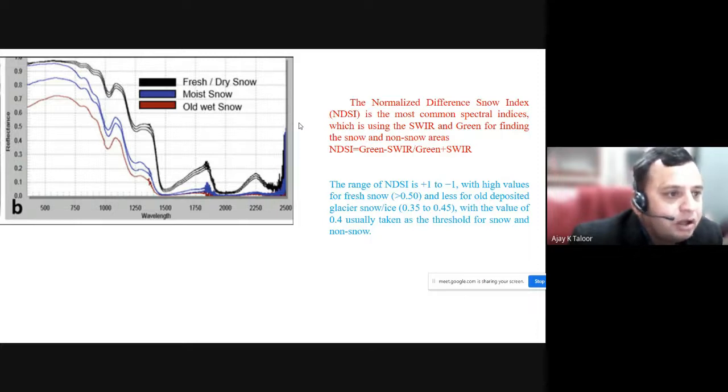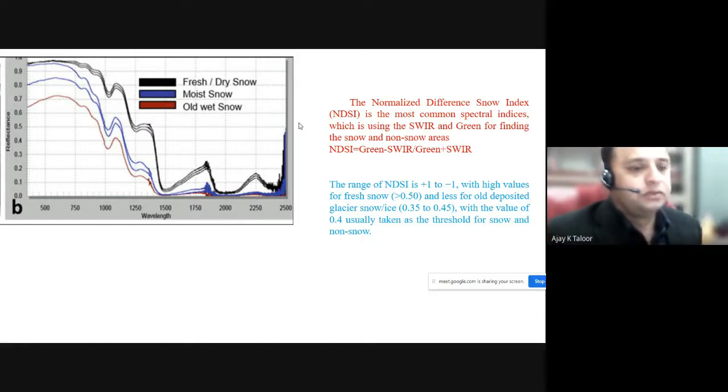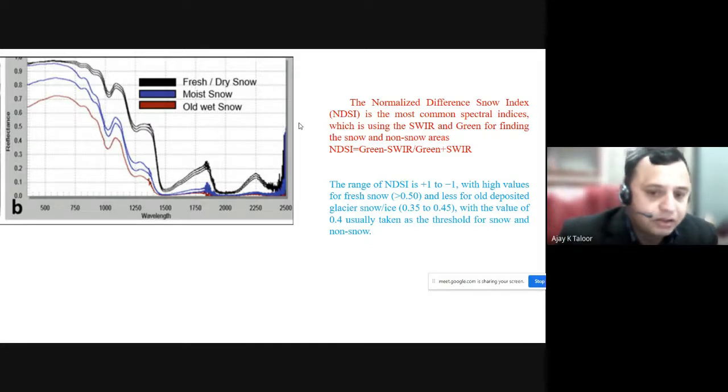Fresh snow has a very high reflectance. As the snowfall takes place, it has a very high reflectance. Old snow has a low reflectance as compared to the fresh snow. That's why we are able to determine whether snowfall has taken place right now or not. Such kinds of study can be made.